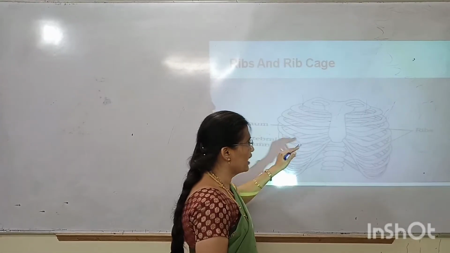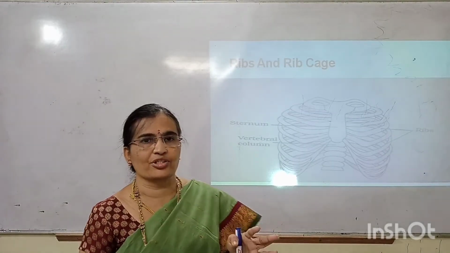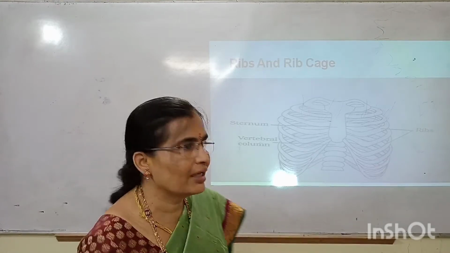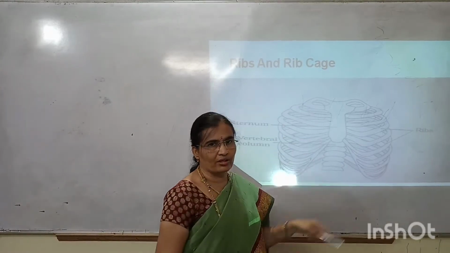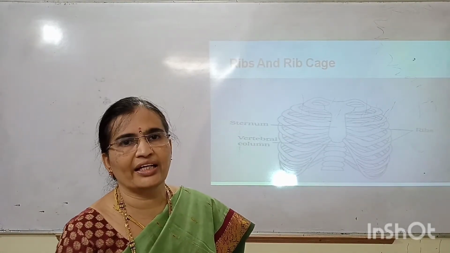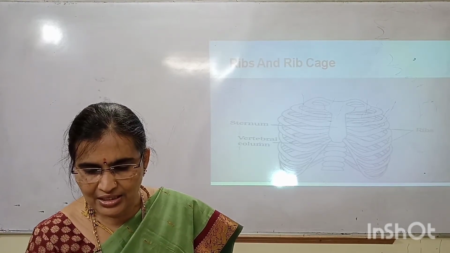The ribs on the sides collectively constitute the rib cage. The rib cage is present in the thorax region, within which the vital organs are situated.